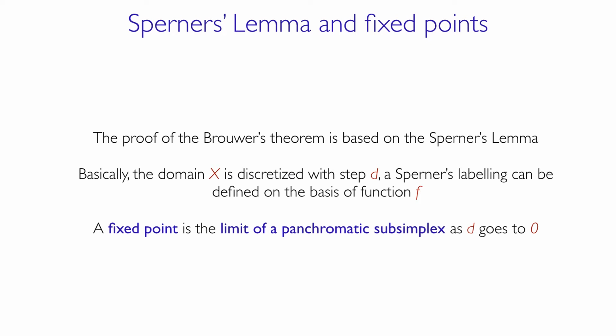A fixed point is the limit of a panchromatic subsimplex as the discretization step goes to 0. This justifies the reason why the number of fixed points is odd, except for degeneracy.